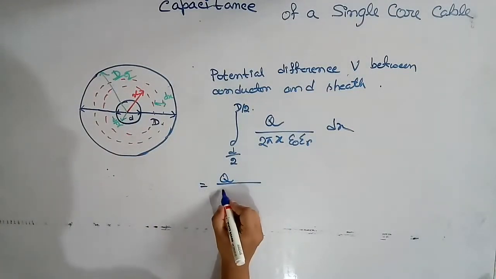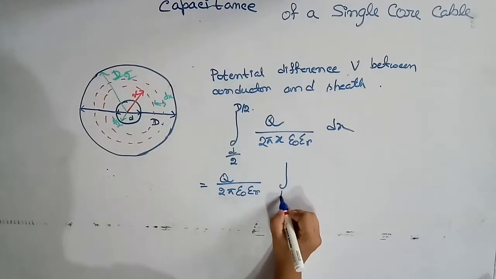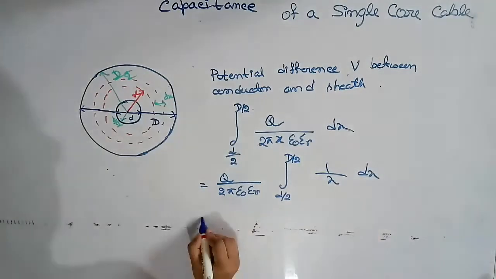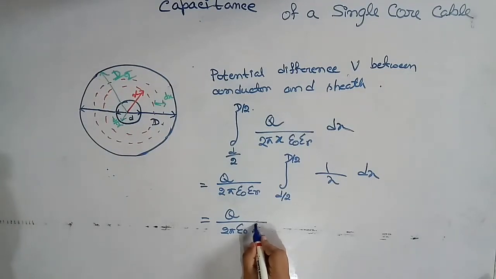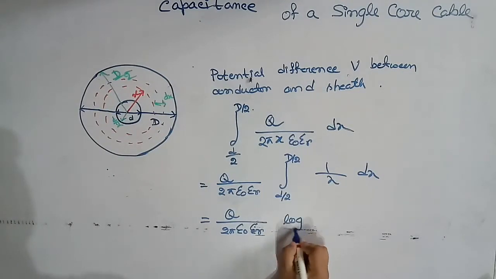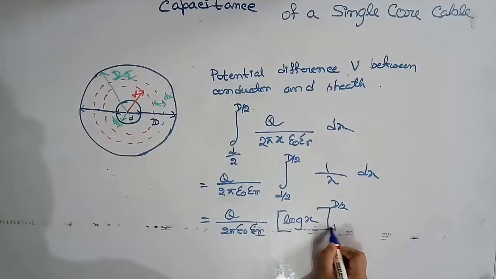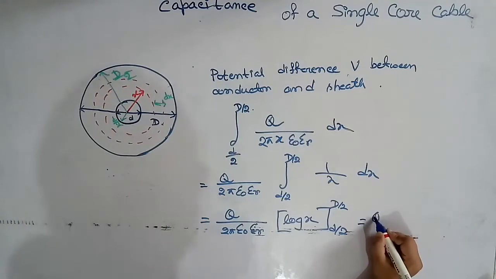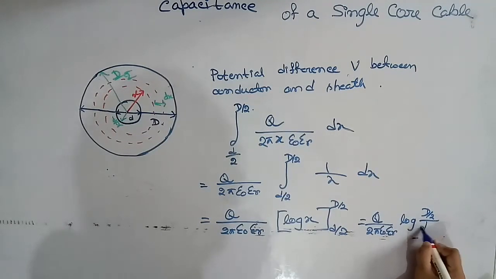constant term is q by 2 pi epsilon 0 epsilon r, integration from d by 2 to capital D by 2 of 1 by x dx, which equals q by 2 pi epsilon 0 epsilon r log x from d by 2 to capital D by 2, which equals q by 2 pi epsilon 0 epsilon r log of capital D by 2 over small d by 2.